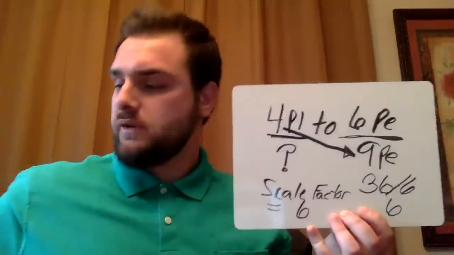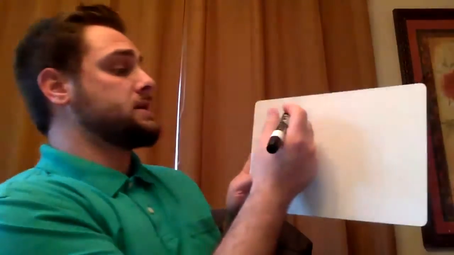It's just a brief, quick example that I wanted to show you guys today, and I want you to be able to practice that on your own. Let's walk through it one more time. First thing, you hear that you have 4 plants to 6 people, so let's write it out.